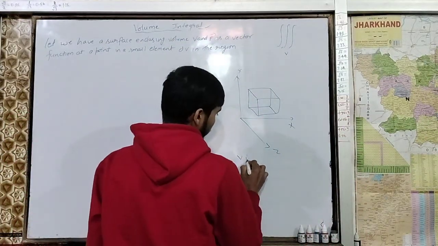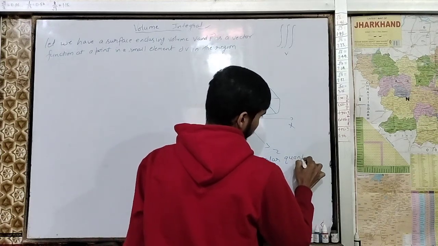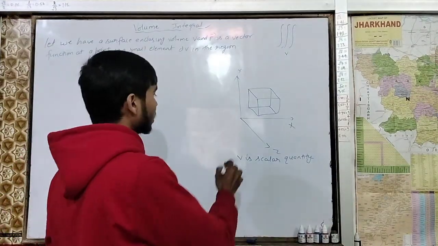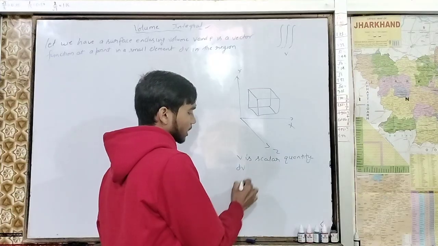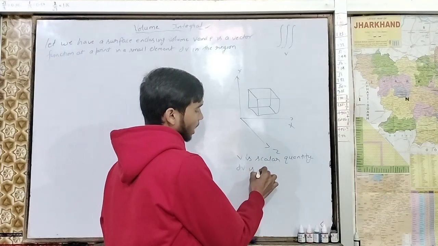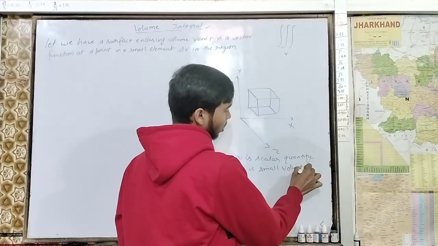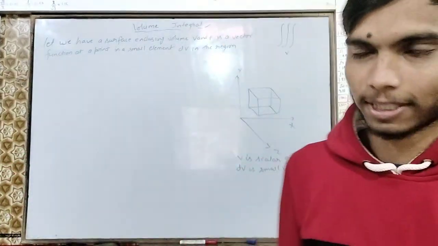So V is a scalar quantity, so don't use this symbol over here. When you are writing dV, it means we have a small volume. dV means a small volume. Got it?